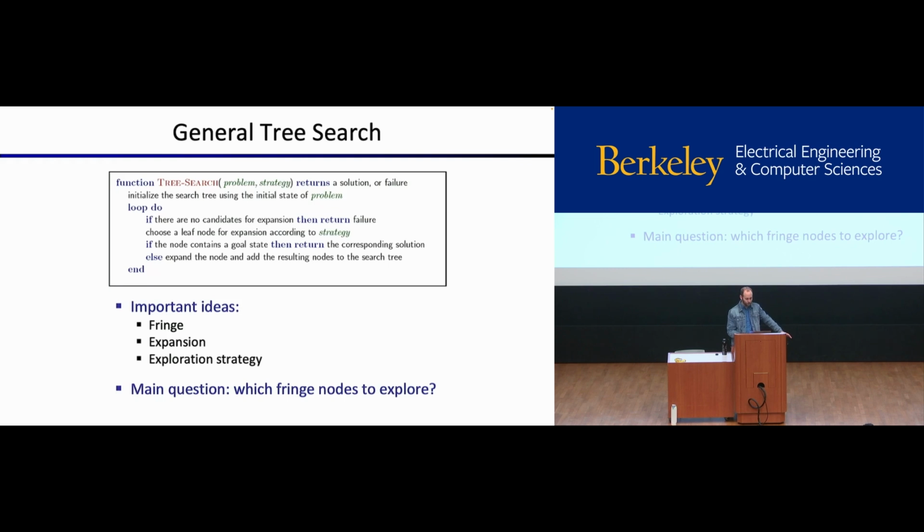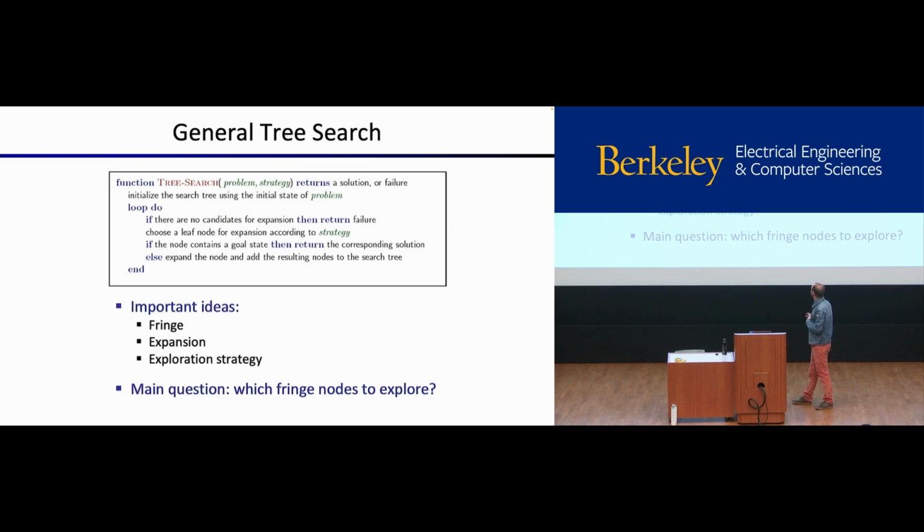So here is the general tree search strategy. It takes as input a problem and a strategy for doing something that we'll get to later, and it returns either a solution or an admission of failure. So we start with the problem, we input that to the algorithm, and then we do the following on a loop. If there are no candidates for expansion, then the search has failed.